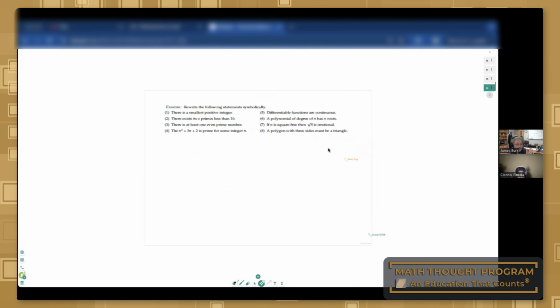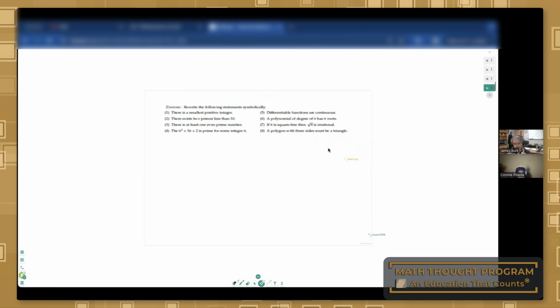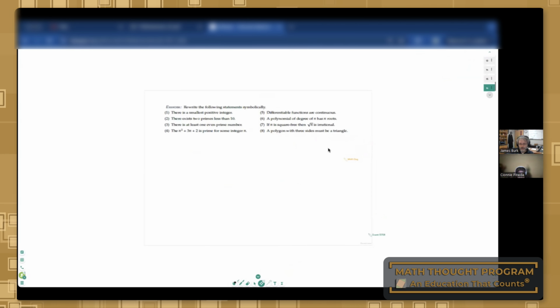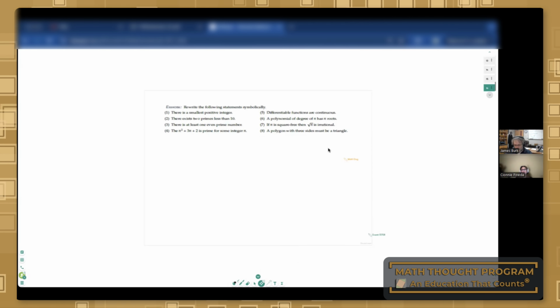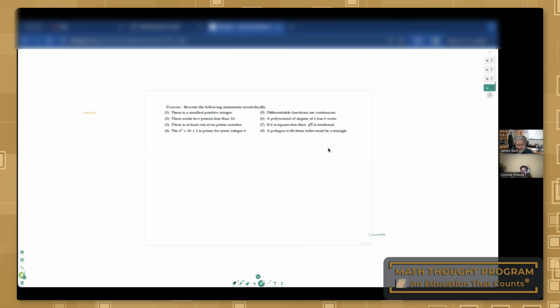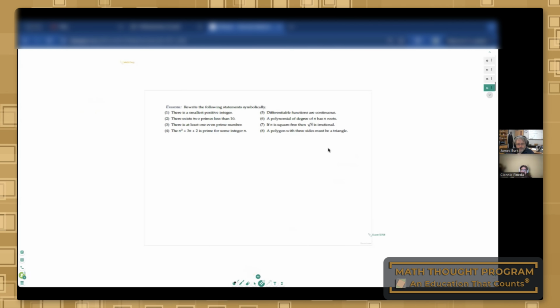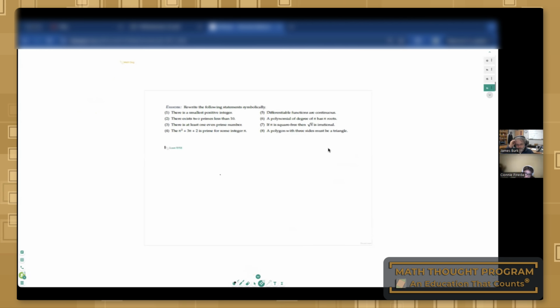There's not just one right answer, there could be several, but how would you recalibrate one so it's stated symbolically, using quantifiers, existentials, and universals? For number one, I like to see that there is.